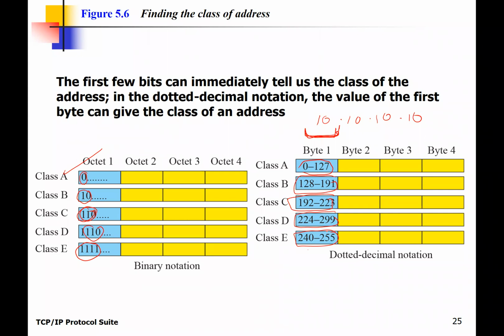Which one? Maybe it's a mistake. Like a class E and class B. Yeah, I got you. I'm looking for the number there.